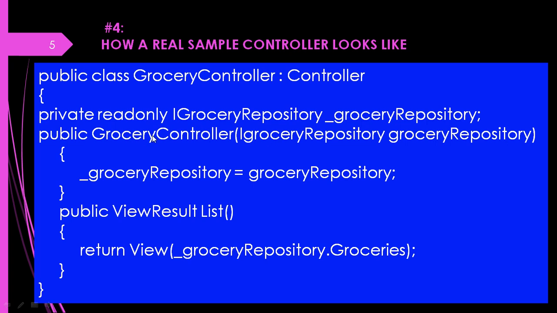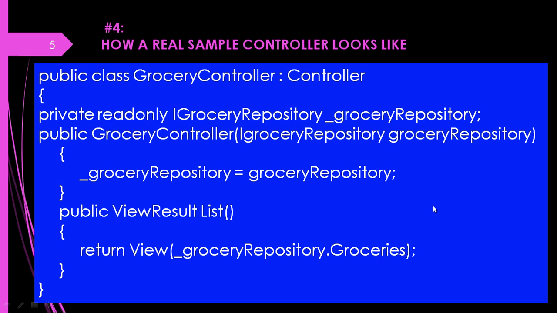So this grocery controller makes use of this model data inside the grocery repository, and it will return a view by making use of this data, and it will display the list of groceries on our web page. That is a complete real sample controller, how it looks, which we have seen so far.